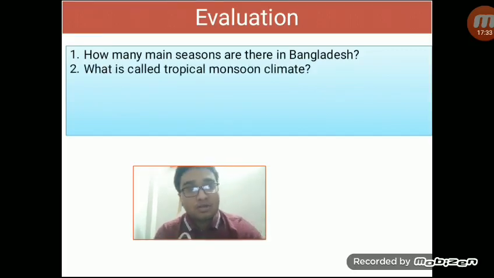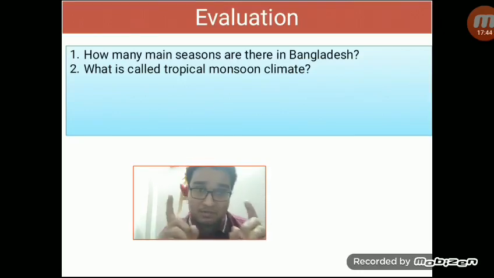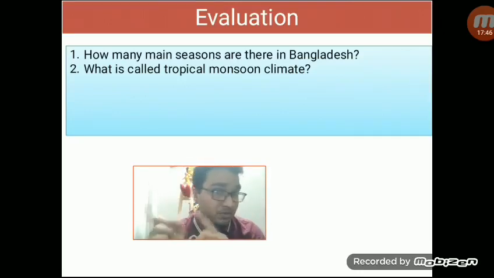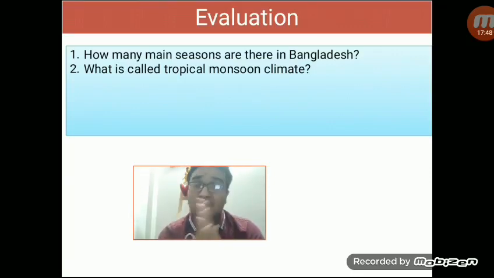Then what is called the tropical monsoon climate? Bangladesh is situated in the northern hemisphere, and a special line goes over the middle of Bangladesh, and the name of this line is the Tropic of Cancer. So the climate of Bangladesh is a tropical climate, and the influence of the monsoon is very high in our climate.